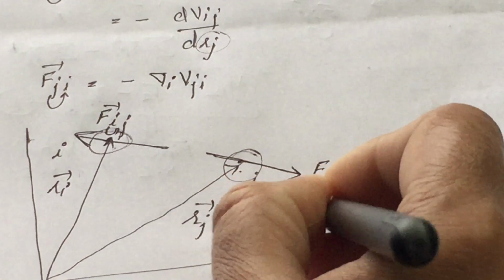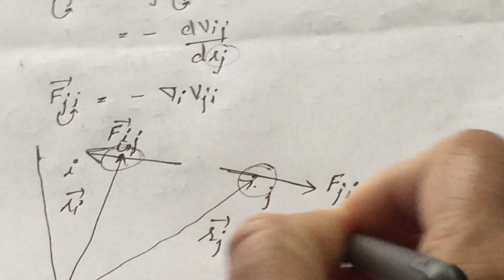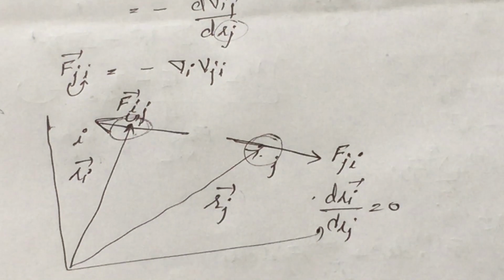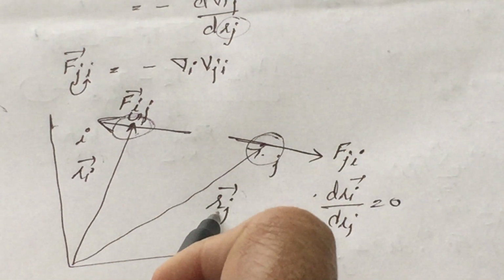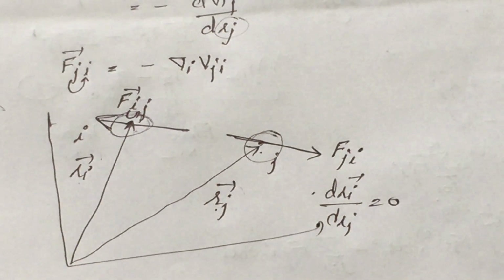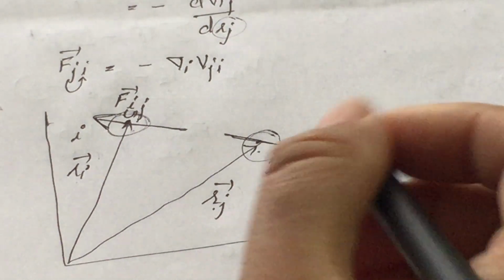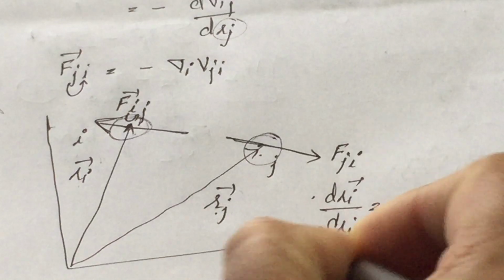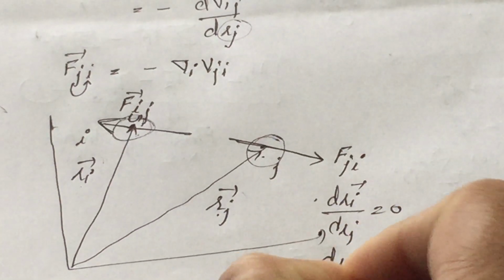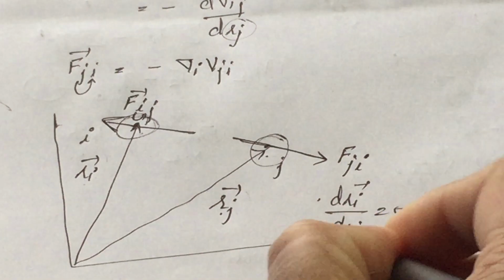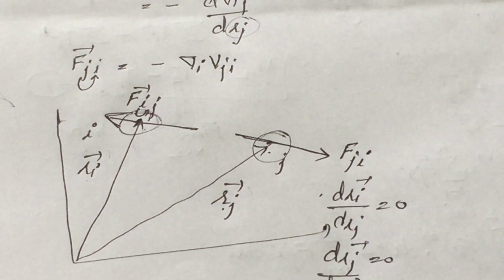It means change of Ri with change of Rj is equal to 0. Similarly, the position of Rj is not changing with Ri. These particles are independent of each other. It means we can't say that the position of the jth particle is depending upon the position of the ith particle. Again, this term is equal to 0.